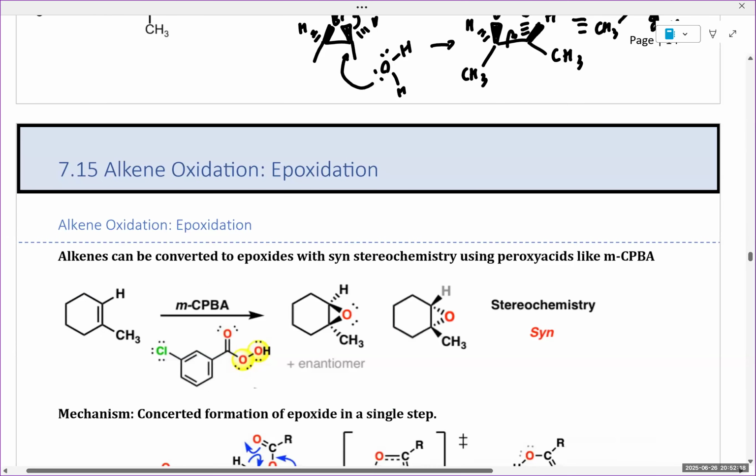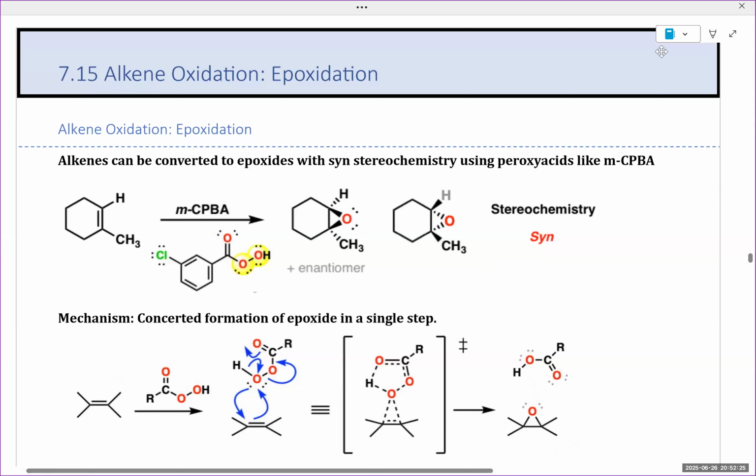So in discussing alkene oxidation, epoxidation, alkenes can be converted to epoxides with syn stereochemistry using peroxy acids such as MCPBA or metachloroperbenzoic acid. So in this case, we've taken an alkene and we can convert it to an epoxide. We get a mixture of epoxide enantiomers, but the epoxide is installed with syn stereochemistry.